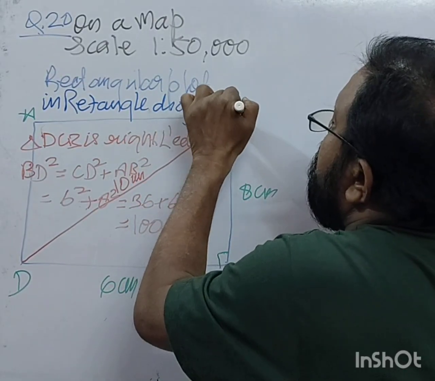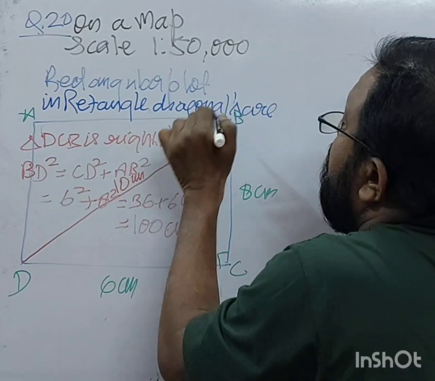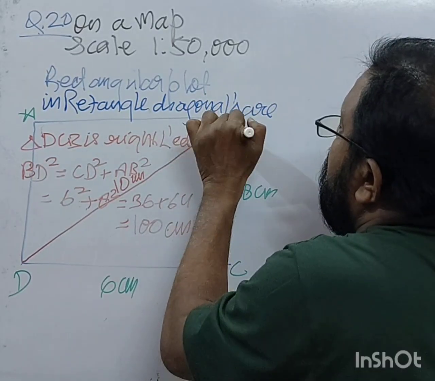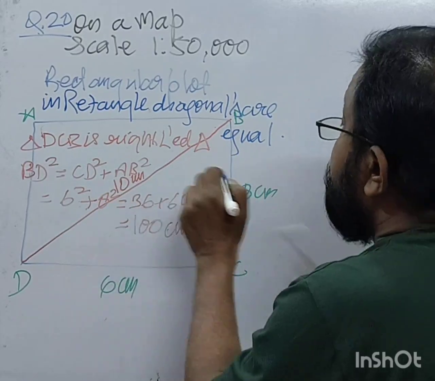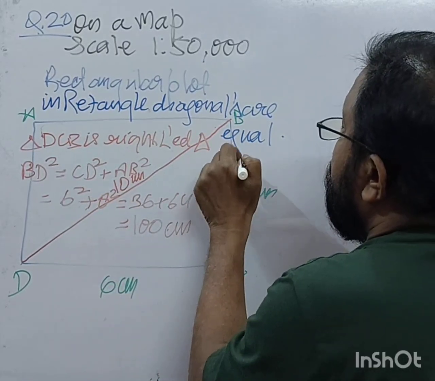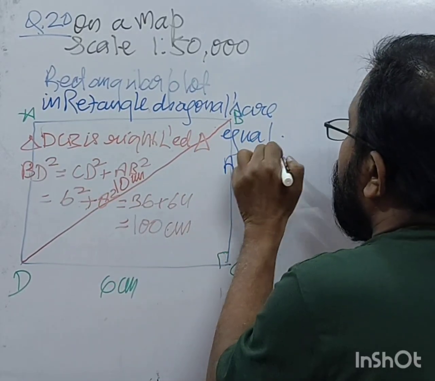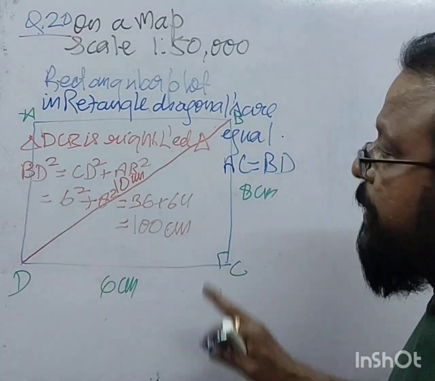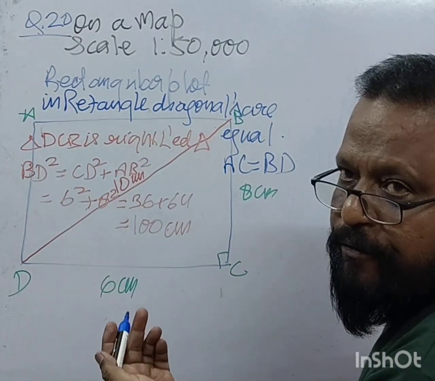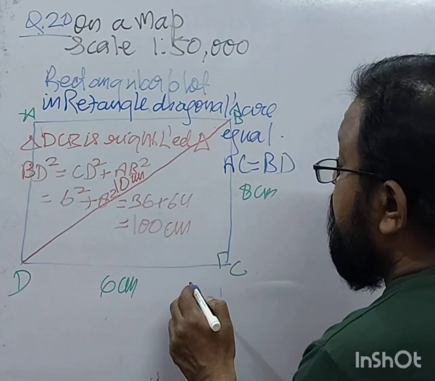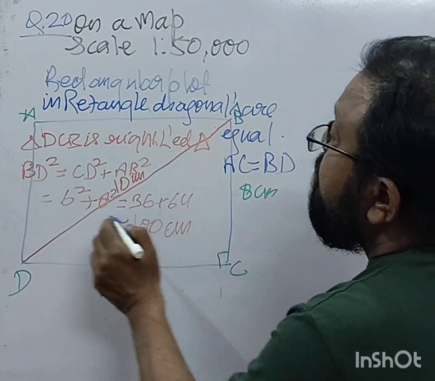So AC is equal to BD. Right? So it means this is 10 centimeter. So you have to find the diagonal. So 10 centimeter, this is the model.